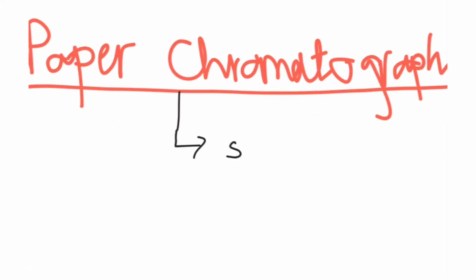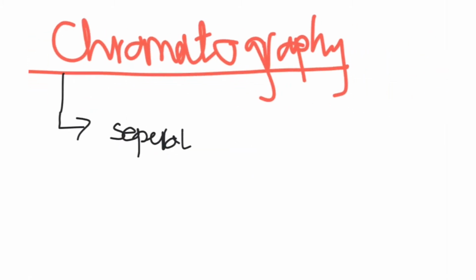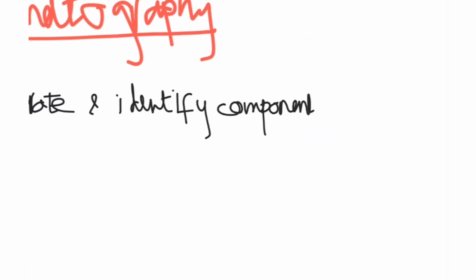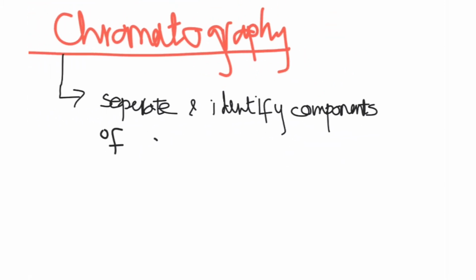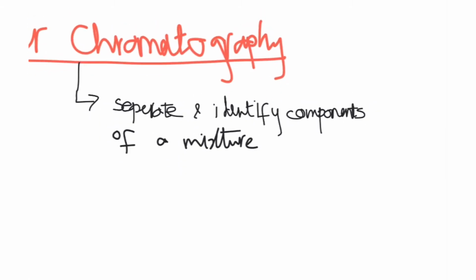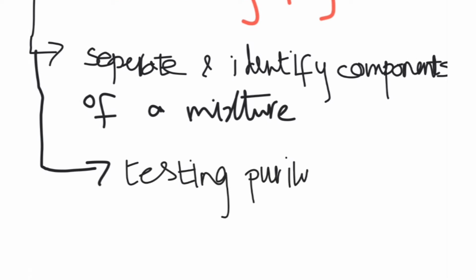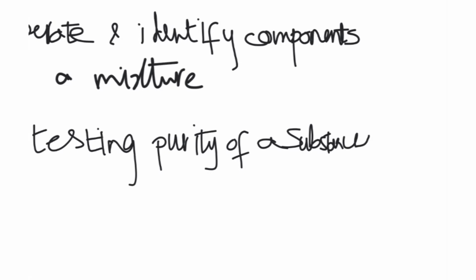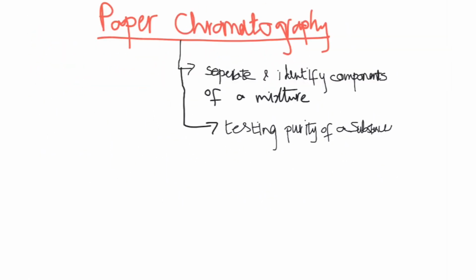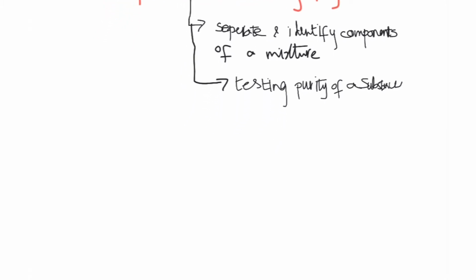Now, paper chromatography is a technique used to separate and identify components of a mixture and is also used for testing of purity of a substance. Now, let us look at how we perform paper chromatography.